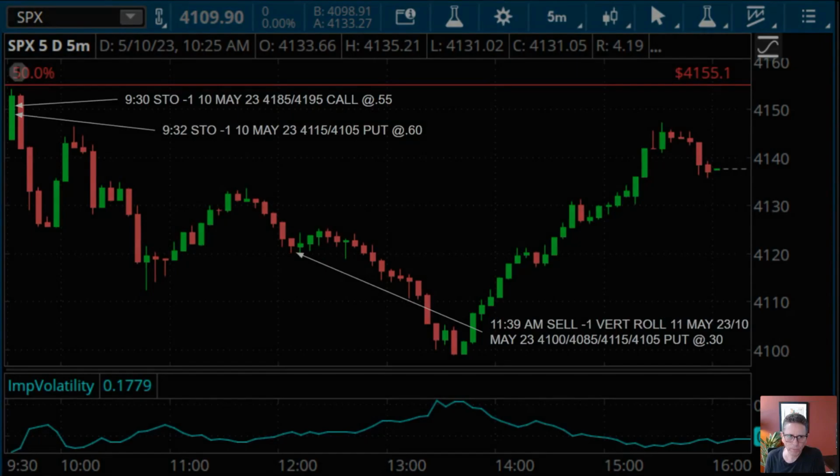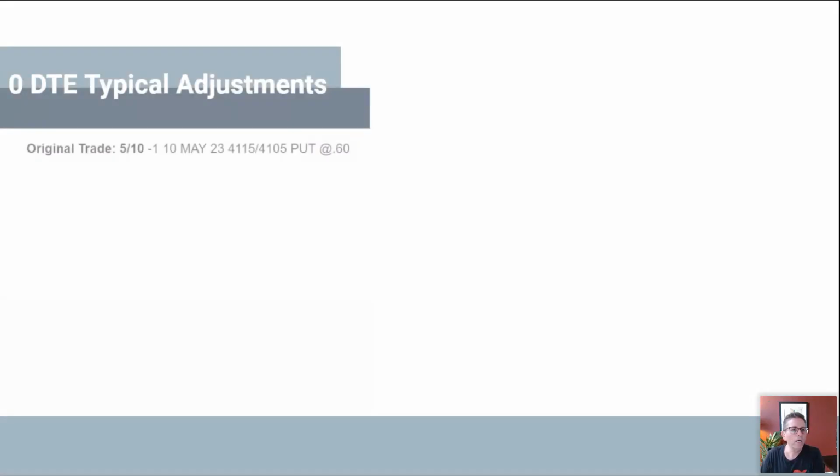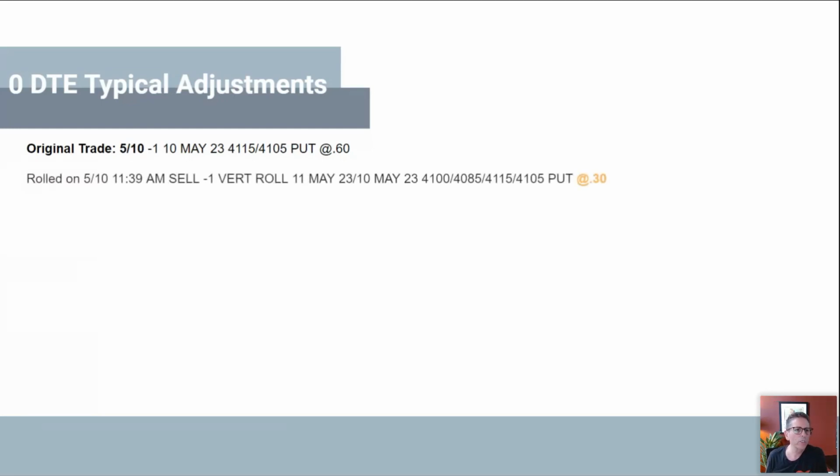All right. So the original position was May 10th, and it was 41.15, 41.05. That was the original position that we sold. We rolled the trade from 41.15, 41.05, okay, and rolled it to 41.00, 40.85.